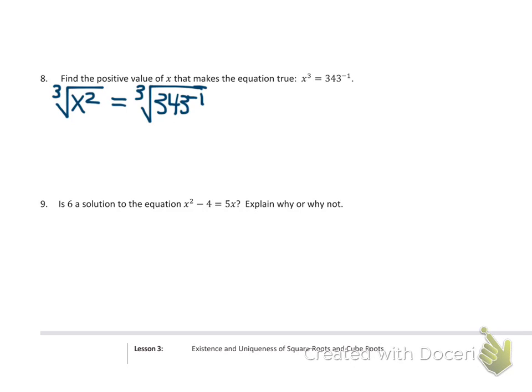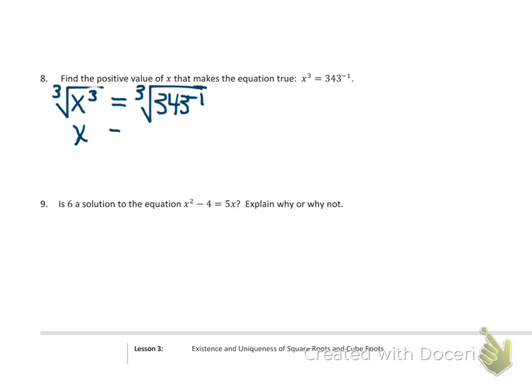Okay, so I did this a little bit differently. I'm taking the cube root right off the bat. This is an x cubed right here, isn't it? Cube root of x cubed is equal to the cube root of 343 to the negative 1. So that's my property of equality. I can take the cube root of both sides of an equation, and the cube root of x cubed is x, because x is the number that I multiply by itself 3 times to get x cubed.